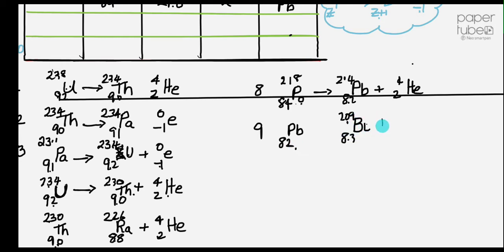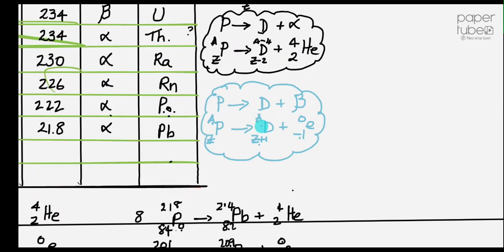It has to be a beta particle, because it has to have a -1. Because 83 add -1 gives me 82. That's 209. Because again, that number has to equal that number plus that number. Remember, go back up here. Do you remember what we did up here?